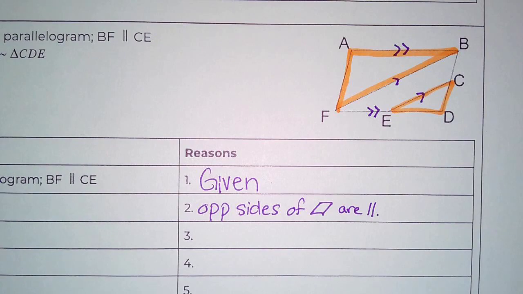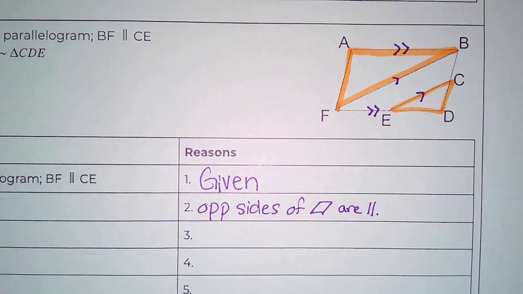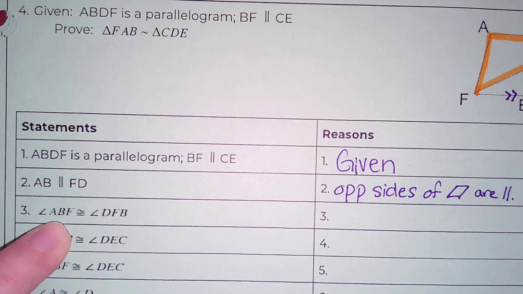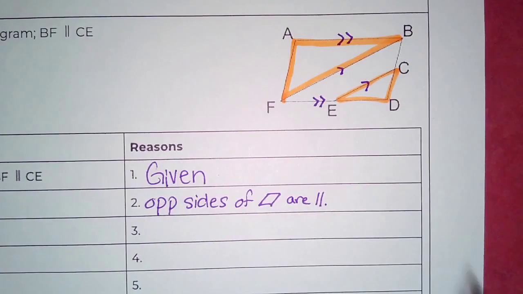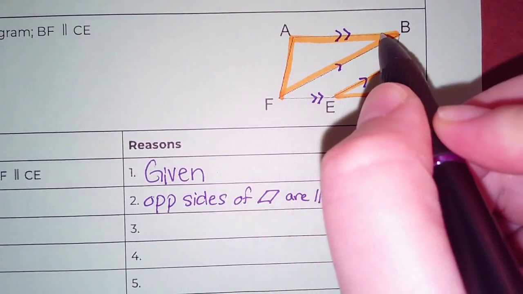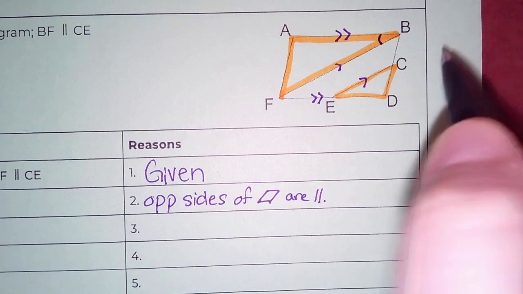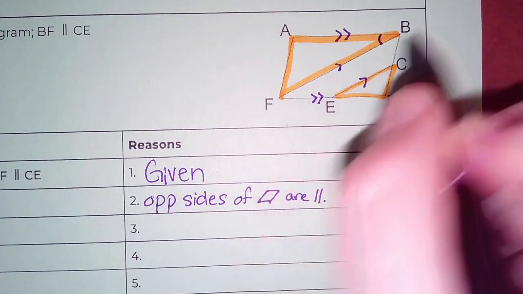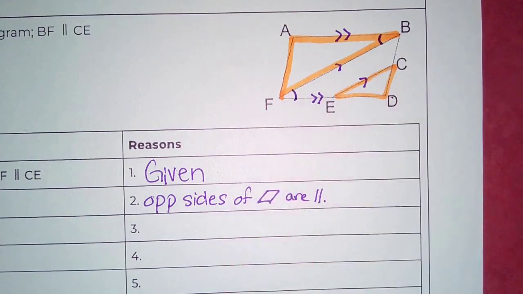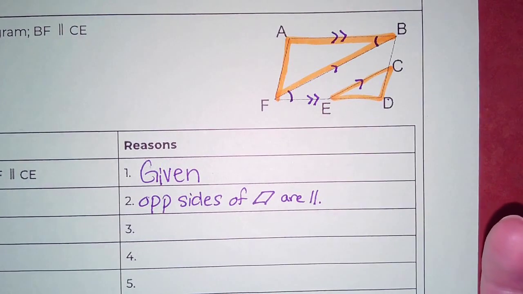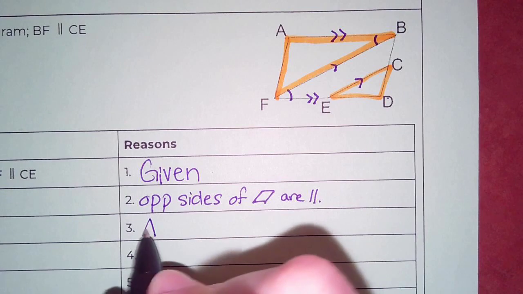So let's see which one I went with. So I said that ABF, this angle, is congruent to DFB, this angle. What makes that true? Alternate interior angles.